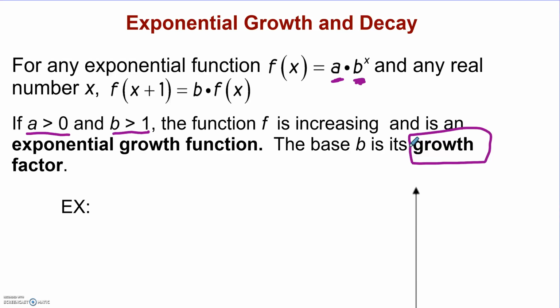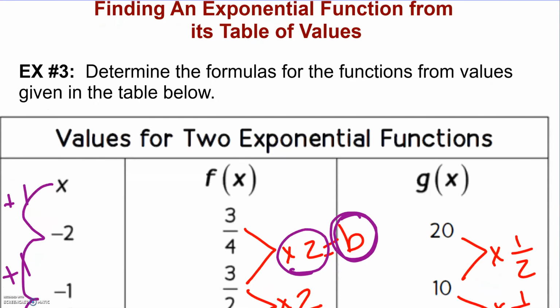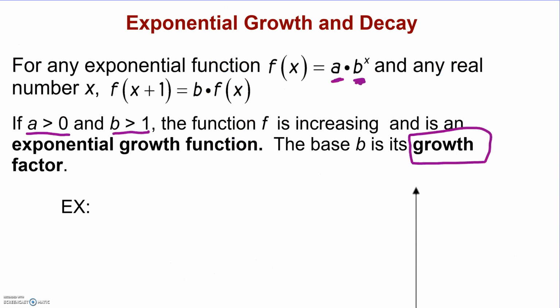So, for example, on the previous page over here, remember we found that f of x was 3 times 2 to the x. So this is an example of a growth function because that base is greater than 1. If, however, the base is less than 1, like g of x, then it's an exponential decay function.